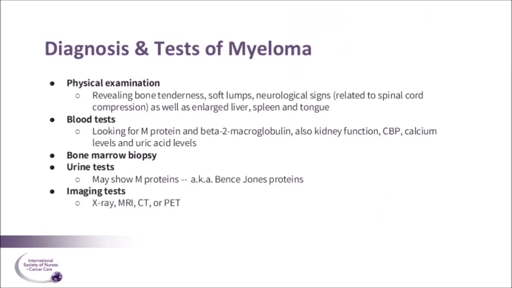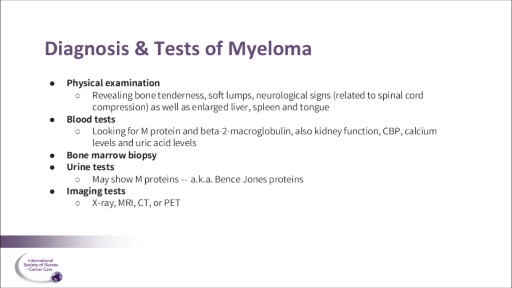Diagnosing myeloma involves a physical examination to reveal bone tenderness, soft lumps, neurological signs related to spinal cord compression, as well as enlarged liver, spleen and tongue. Blood tests look for M protein and beta-2 microglobulin, also kidney function, CBC, calcium levels and uric acid levels.